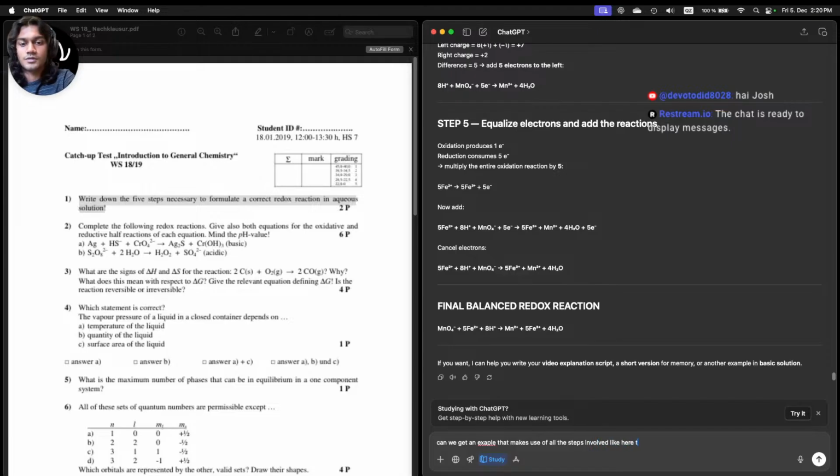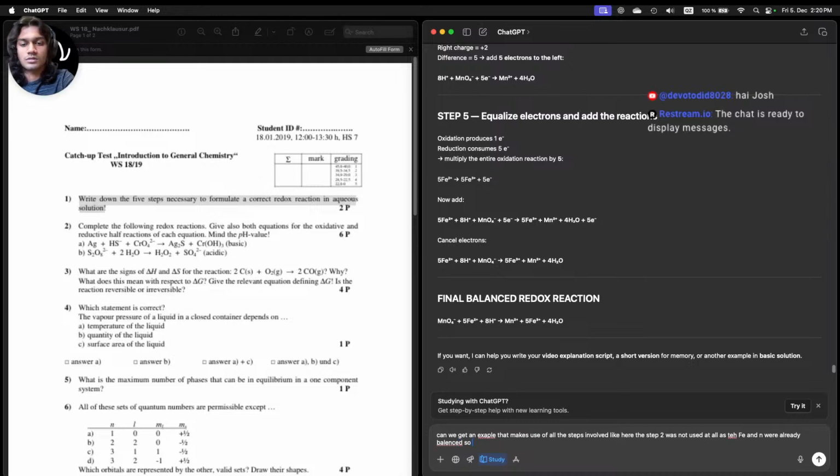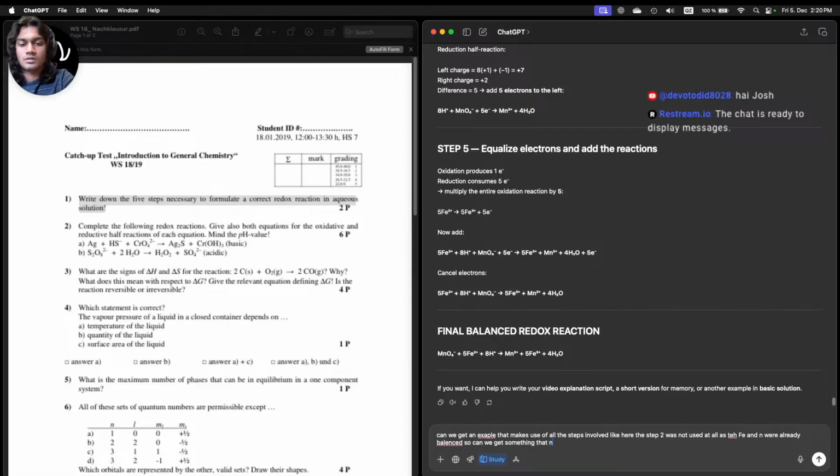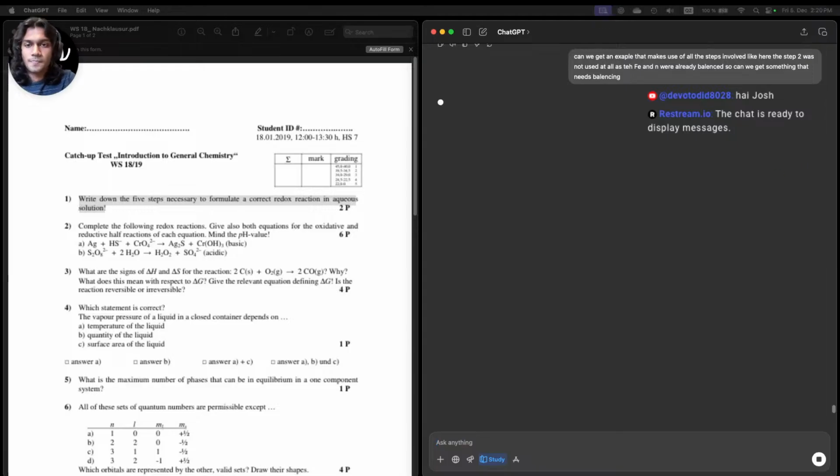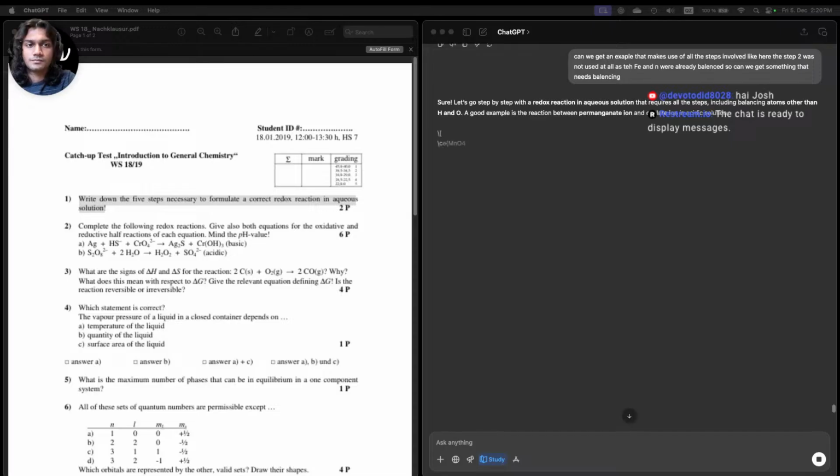Like here, step 2 was not used at all. Where's the mouse?